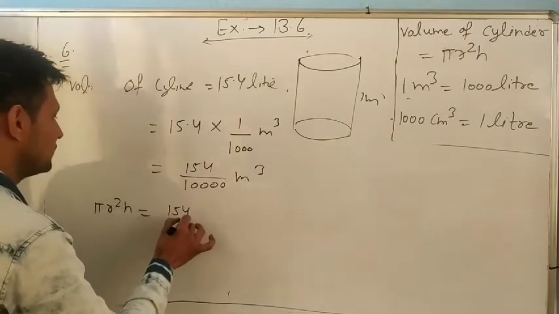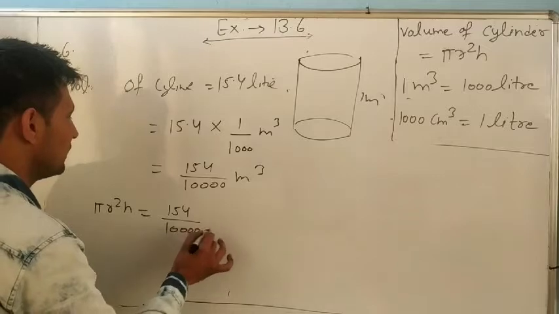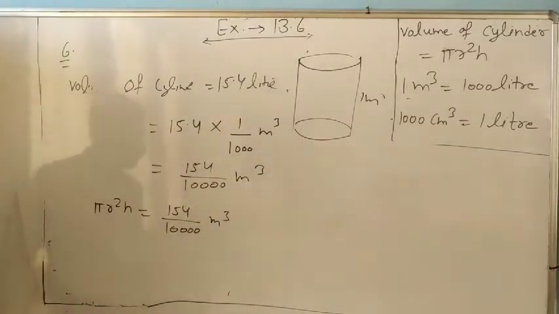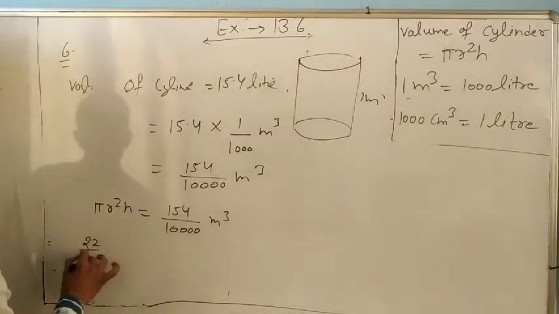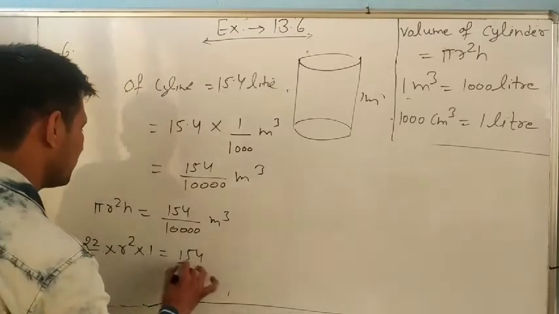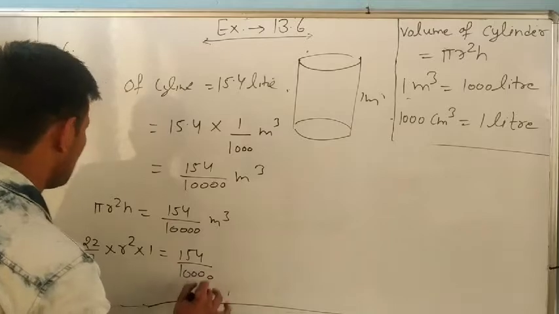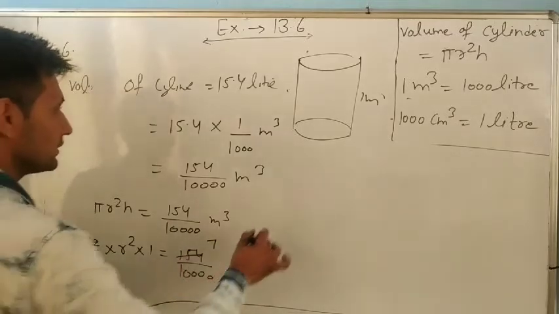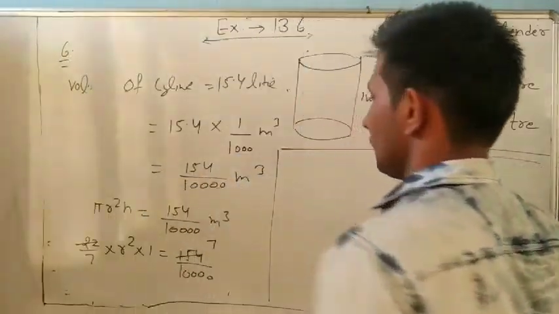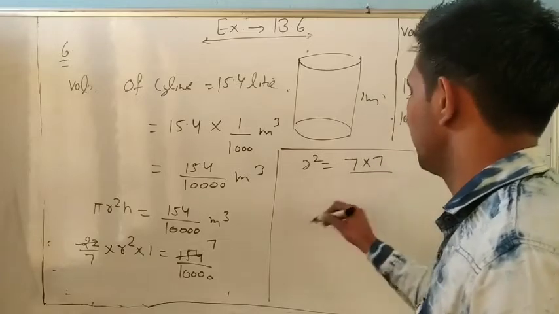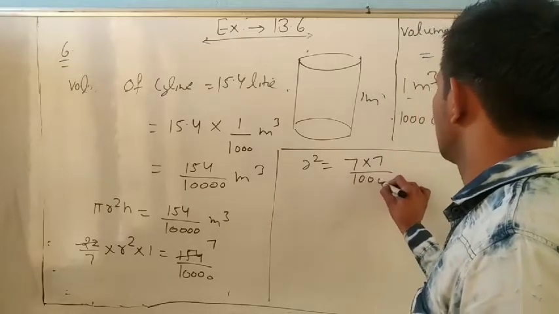First pi is 22 by 7, r we want to find. The 22 we can cut by 7. So r square equals 7 into 7 divided by 10,000.